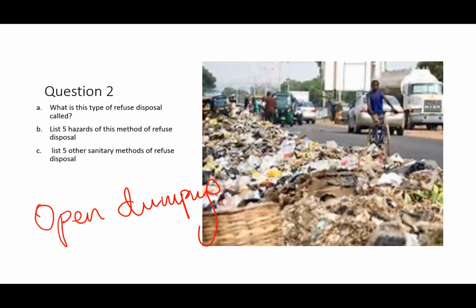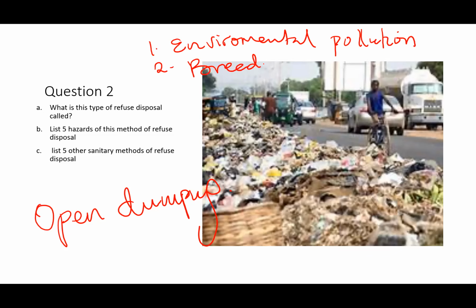Now, of course, when you have open dumping, there's environmental pollution. Okay, so one, when you see open dumping, there's environmental pollution. 2, there's breeding of rodents. 3, okay, you have fly nuisance.